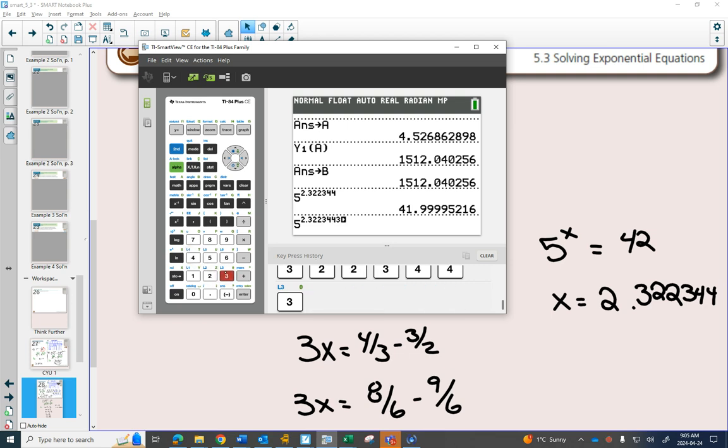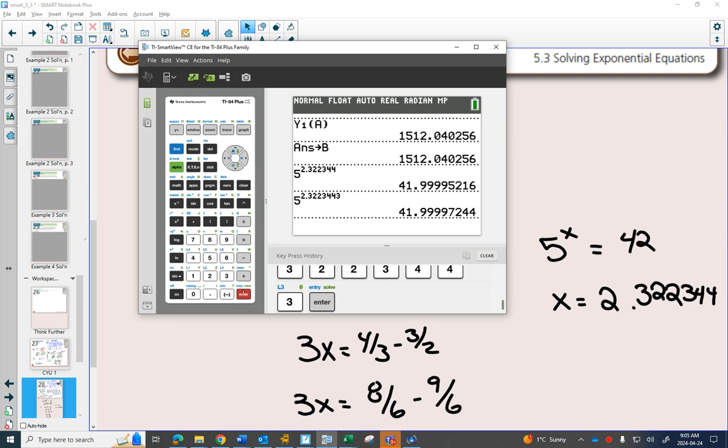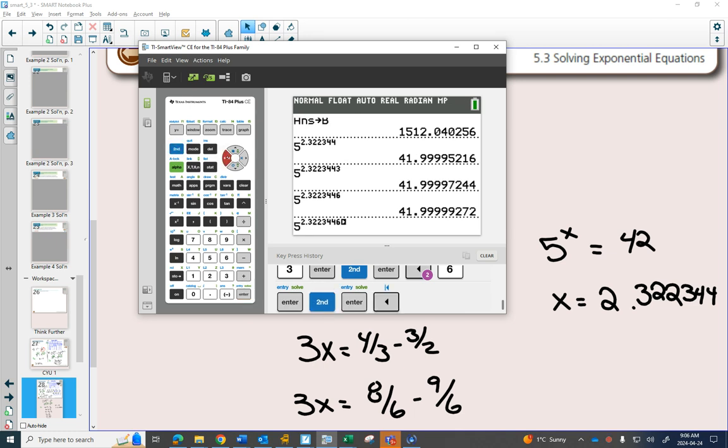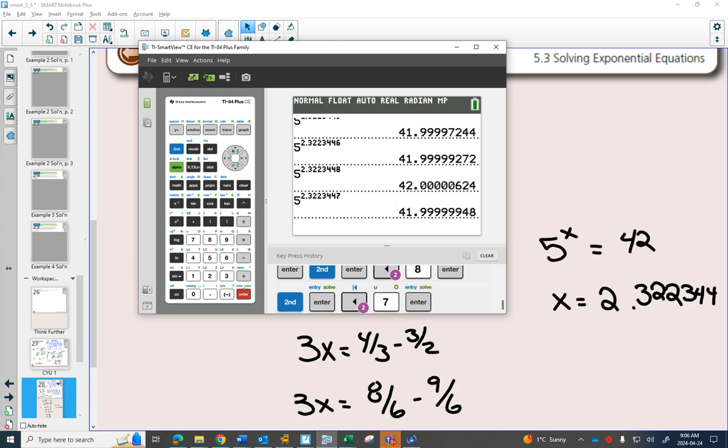I'm going to try a 3. Oh, not big enough. But it's closer. See how I got a 0.7? I'm going to maybe make it a 6. Oh, that's even closer. Maybe it could be a 7. Or an 8. 8's too much. 7 is still good, but 8 was too much. So now I could do 7, 5. Oh, too much.